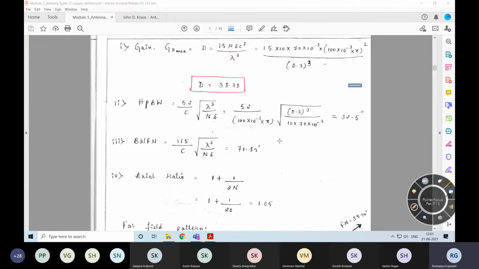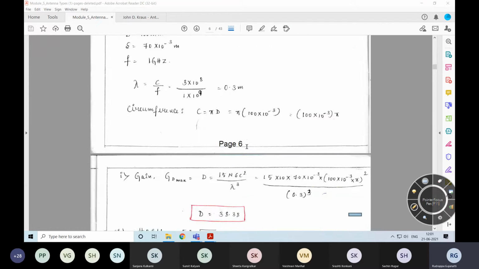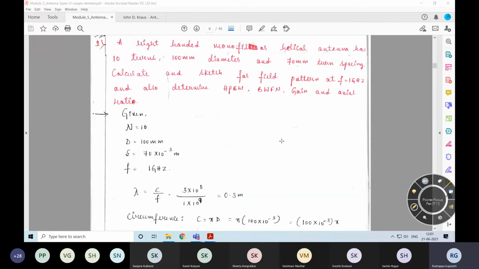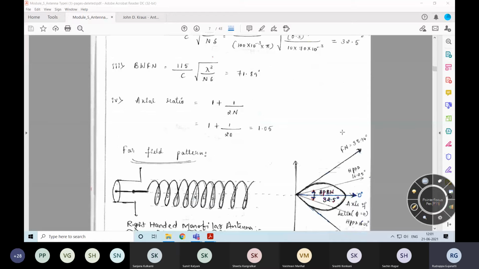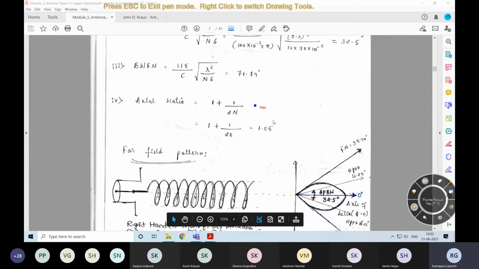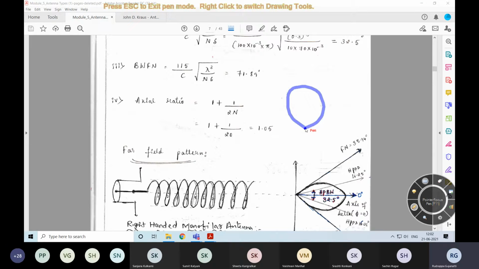So based on these parameters, that is half power beamwidth and beamwidth between first null, it is a monofilar right-handed helical antenna. So when we consider this and we plot the radiation pattern, in general it will be having the main lobe.